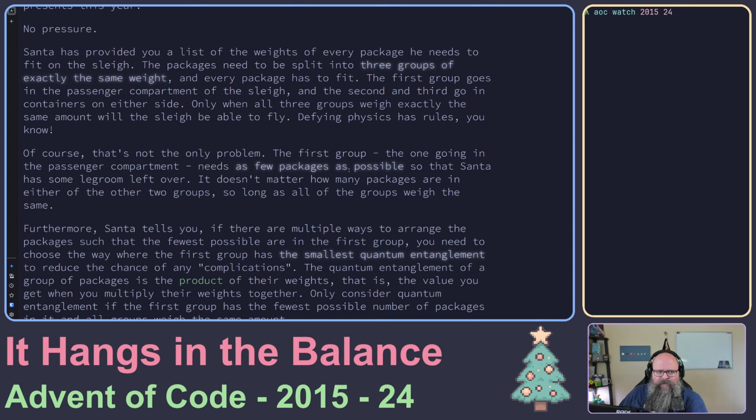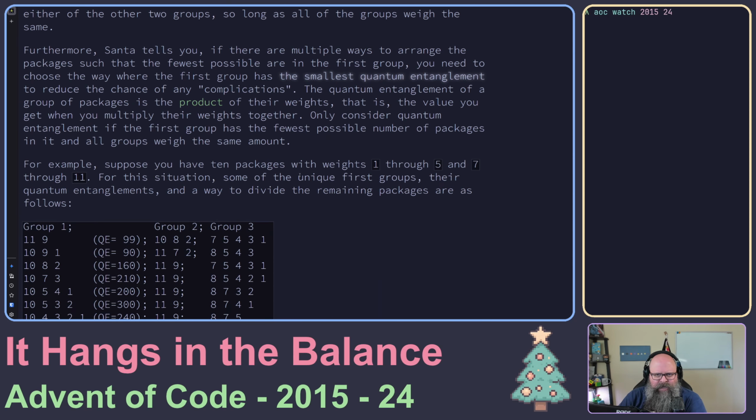It doesn't matter how many packages are in either of the other 2 groups, so long as all of the groups weigh the same. Furthermore, Santa tells you if there are multiple ways to arrange the packages such that the fewest possible are in the first group, you need to choose the way where the first group has the smallest quantum entanglement to reduce the chance of any complications.